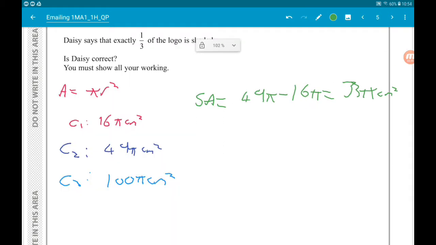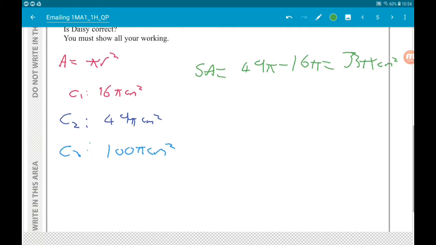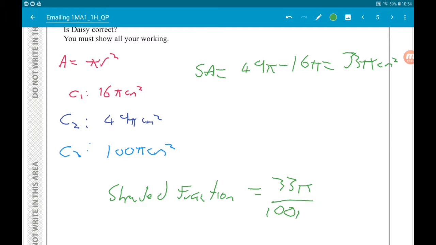Now, if that's the shaded area, then the fraction that is shaded, so let's say the shaded fraction, is 33 pi over 100 pi, which is 33 over 100.